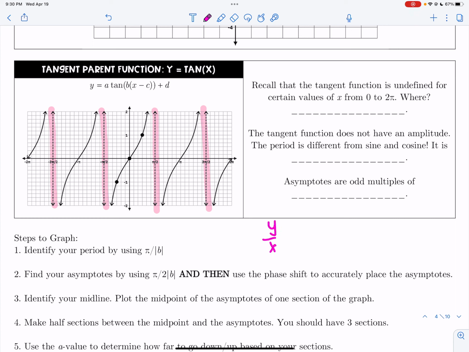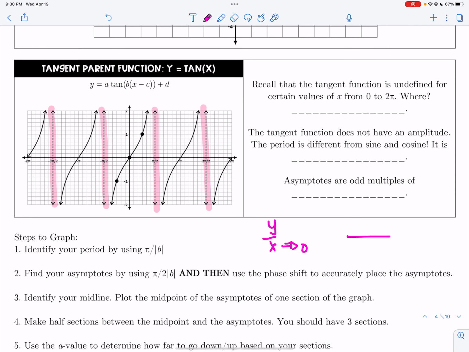And if x is 0, then plot twist, that's not good. And when is x 0 on the unit circle? Well, 0, 1, 0, negative 1, or pi over 2, and 3 pi over 2.